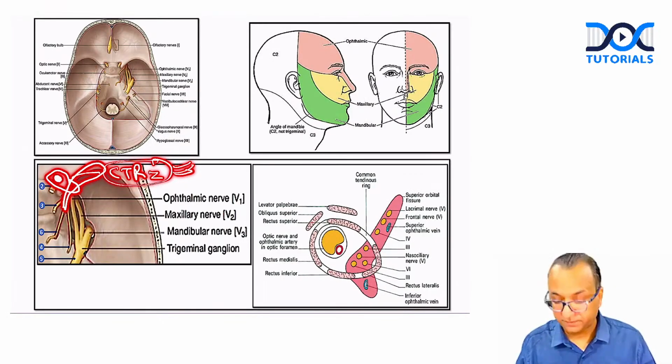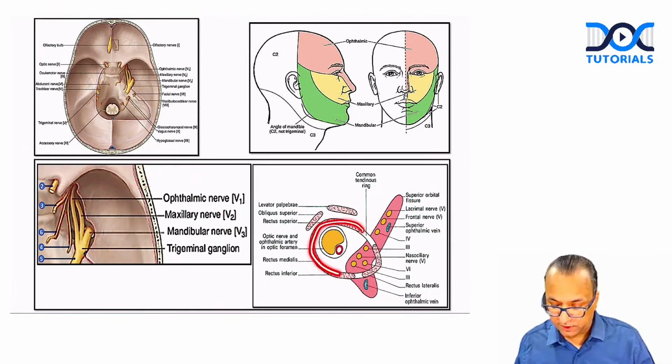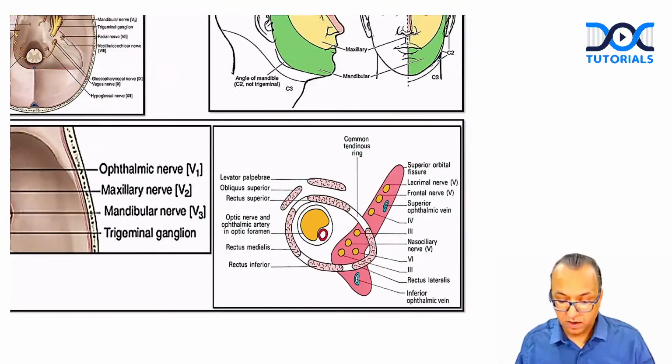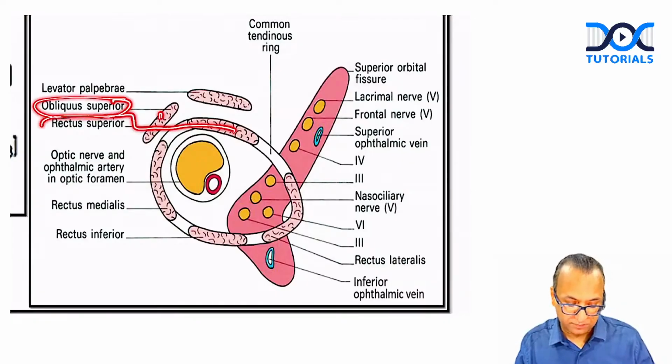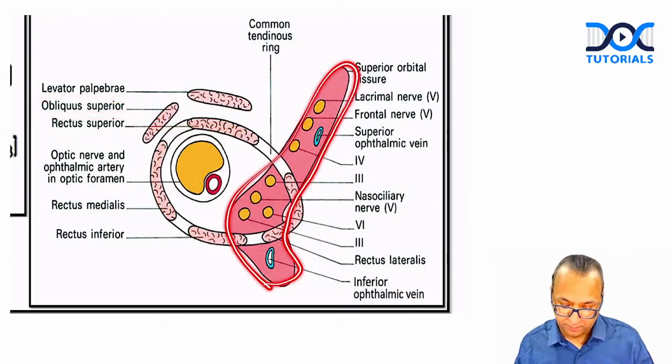I'll repeat. This is the common tendinous ring of Zinn giving origin to 4 recti muscles. Let us zoom. Recti muscles could be superior rectus or maybe the medial rectus or inferior rectus. But the point is, superior orbital fissure is divided into 3 parts by this common tendinous ring of Zinn.